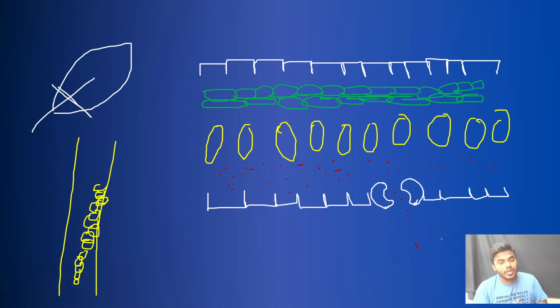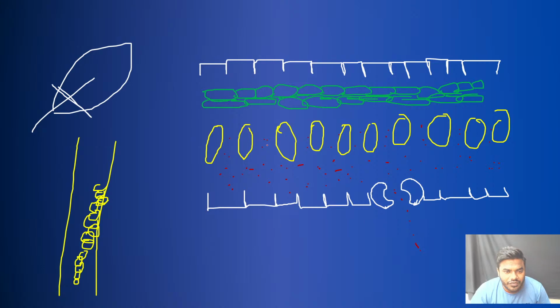Now every student listen. When the water molecules are going out, understand everyone, between the spongy mesophyll cells there is a lot of gap, correct friends? Through that gap, you know what the spongy mesophyll cells will do? They start pulling the water. Imagine the concept, whatever I am saying.